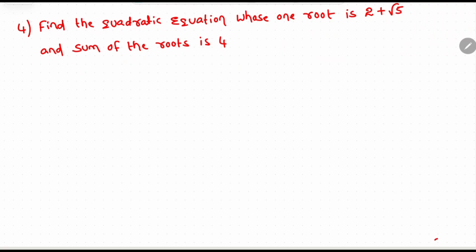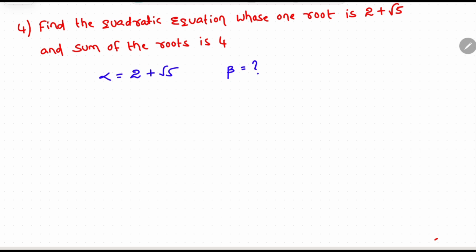In the given problem, the root of a quadratic equation, one root is given. So alpha is equal to 2 plus root 5. Now we know the sum of the roots, but we don't know beta.